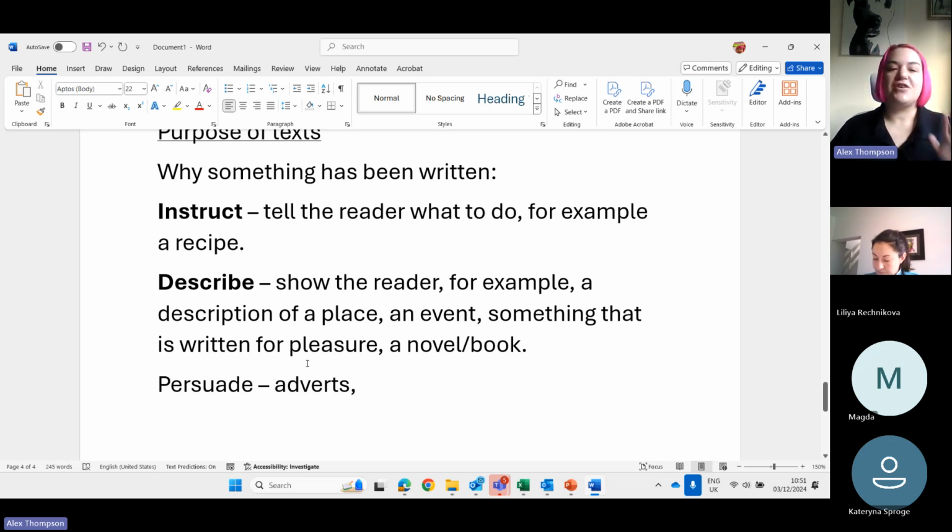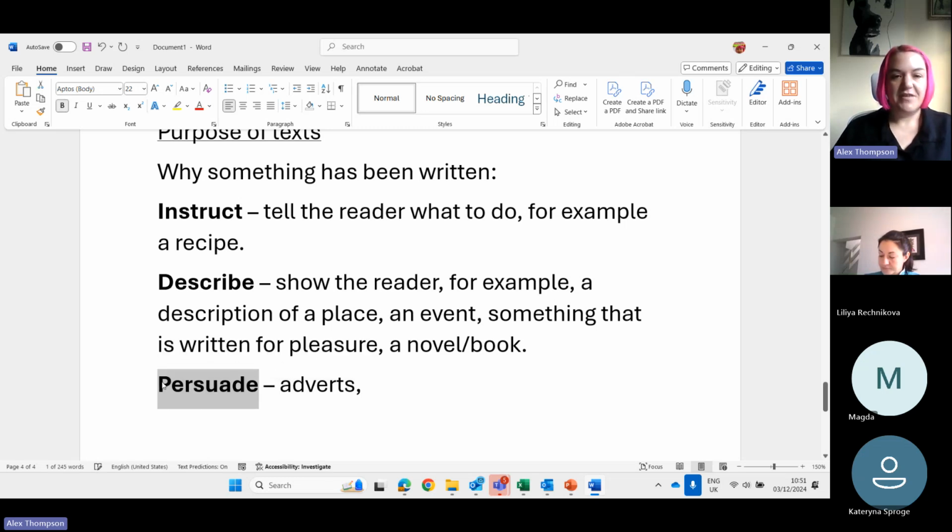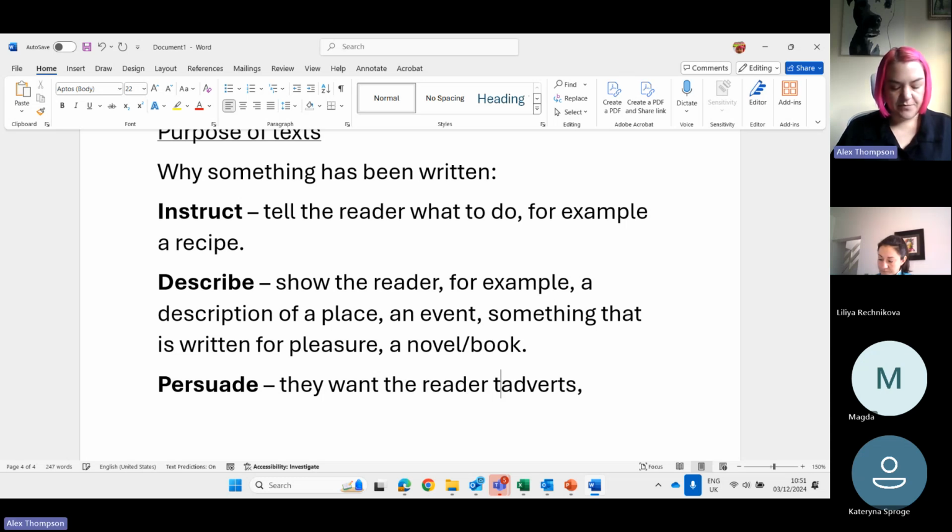They will always try to use certain techniques to persuade you that their item or their shop is the best. They want the reader to think or feel the same way as them.